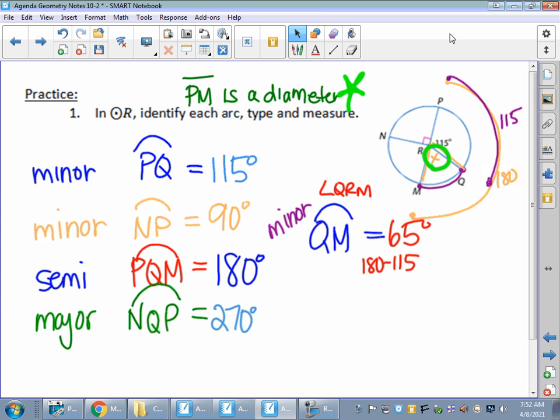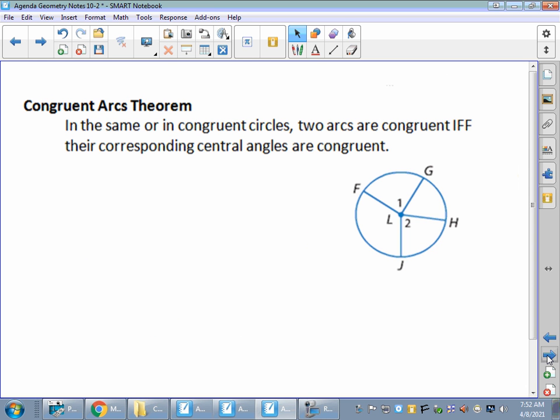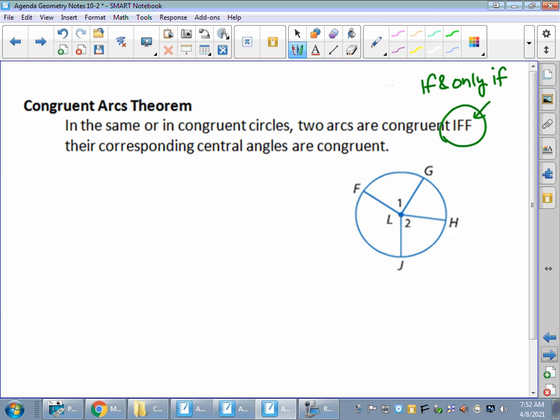All right, so let's talk about the congruent arcs theorem. In the same circle or in congruent circles, two arcs are congruent. This means if and only if, you know how math people are, we like symbols and to abbreviate things.